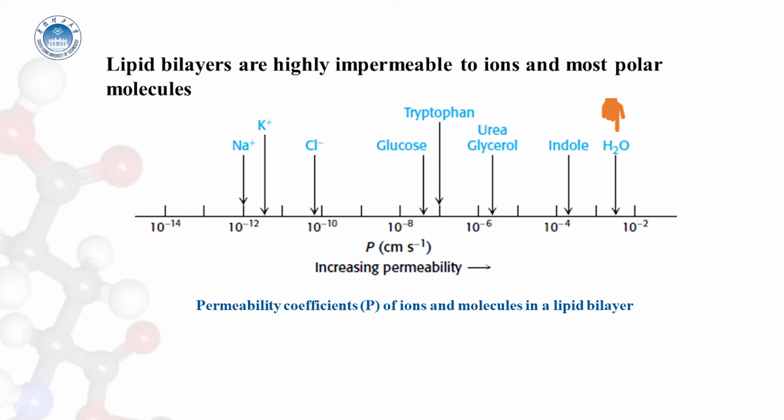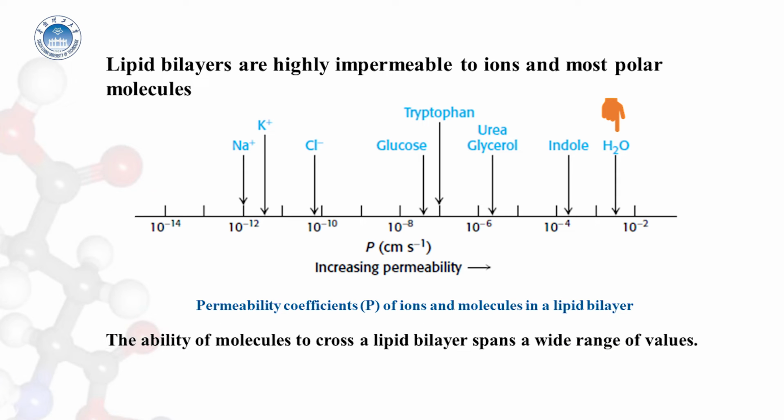It traverses such membranes rapidly, easily, because of its low molecular weight, high concentration, and the lack of a complete charge. The range of measured permeability coefficients is very wide.